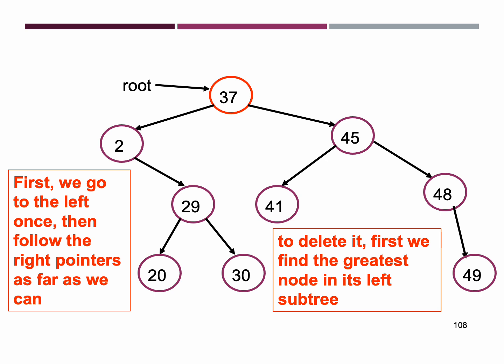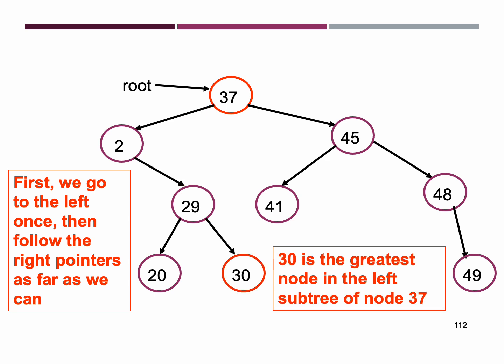First we go to the left one, then follow the right pointers as far as we can. So we go to 2, then from 2 we go right to 29, and then another right is 30.